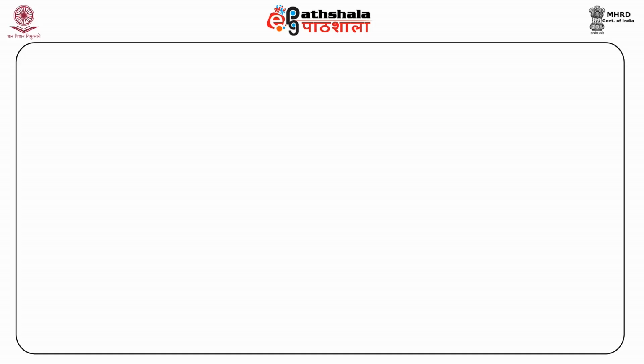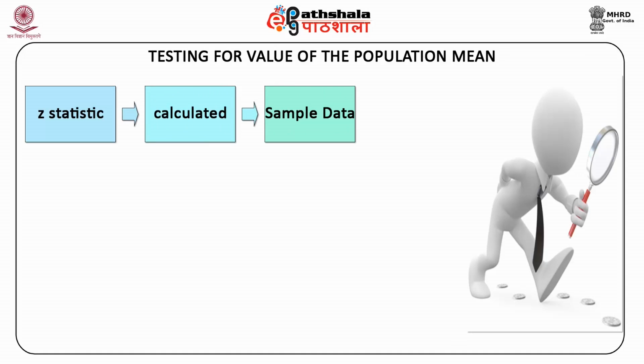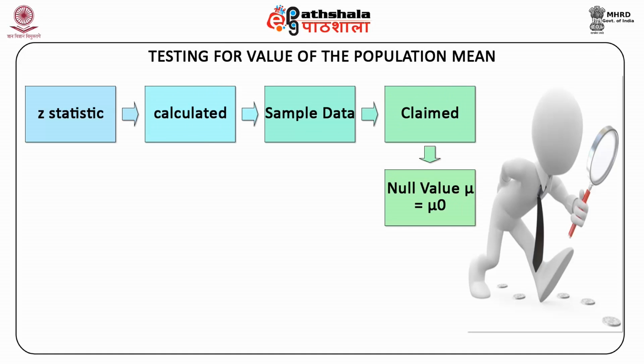Now we will discuss testing for the value of the population mean. When testing for the value of the population mean, the Z statistic is calculated from sample data under the assumption that the claimed or null value mu equal to mu naught is true.